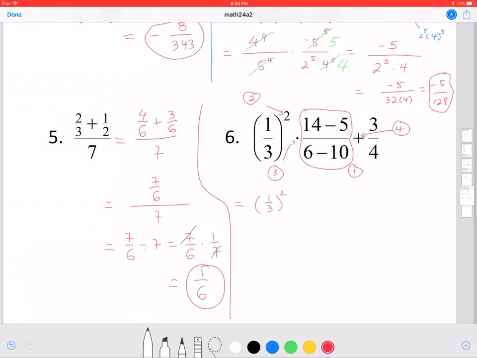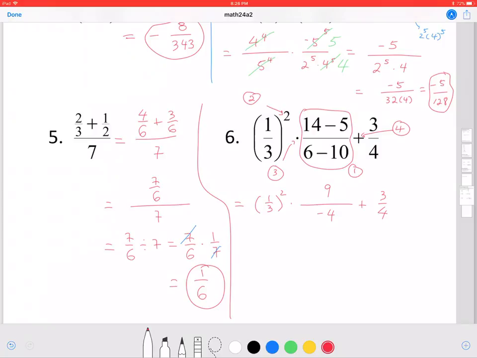1/3 squared, nothing changes. 14 minus 5 is 9. 6 minus 10 is -4. Plus just 3/4, nothing happens. And see how much cleaner the problem turned out to be just by removing that kind of middle fraction.